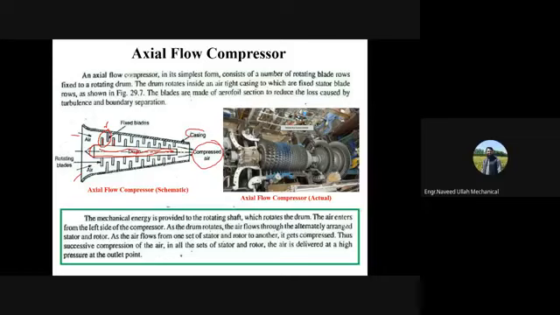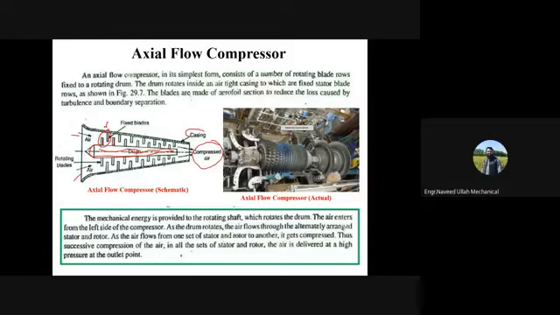This acceleration and deceleration basically causes the pressure to increase. Another thing is, even if you look at the configuration of these fixed blades in this cutaway section, they form a diverging section, meaning a type of diffuser. You will see this even if you look at the isometric view of the axial flow turbine. In a turbine the blades will be converging in shape, which means they are increasing the velocity, and as a result the pressure is decreased.